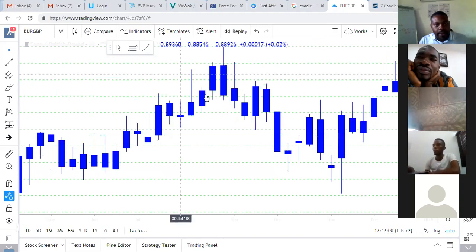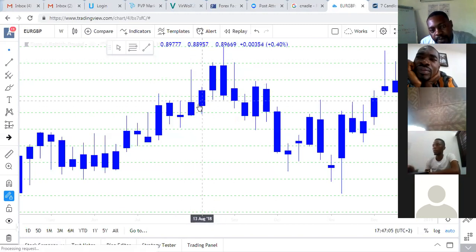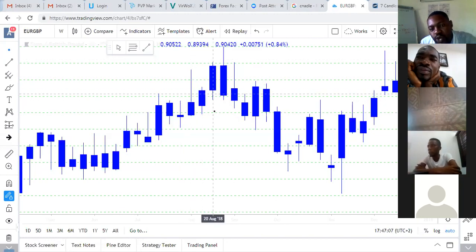Okay. So if you take these two candles here, you don't even need to know which one is the close, you just need to know that there are two prices. Two prices have to be in the same place. I don't know if any of these candles is bullish or bearish, but what you know is that there is one price here which can be an open price, and another price here which can be a close price.